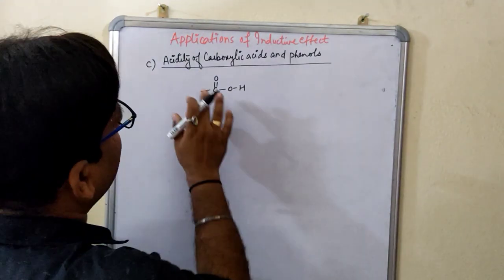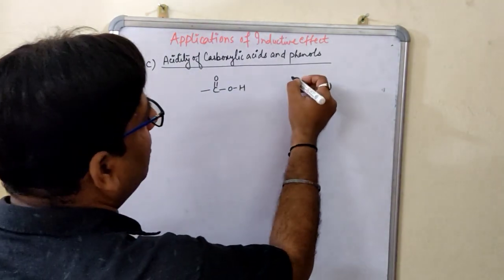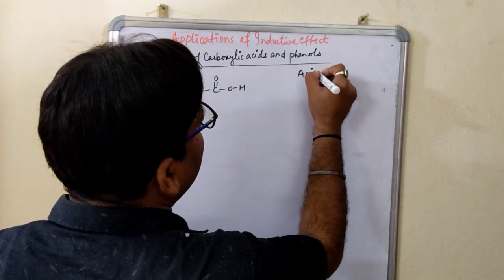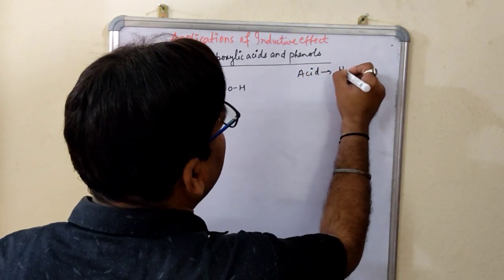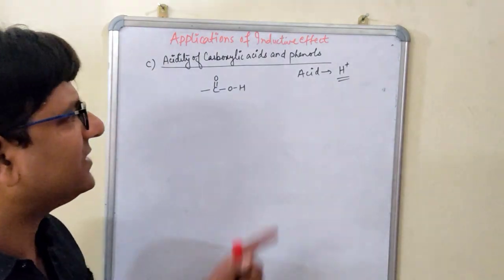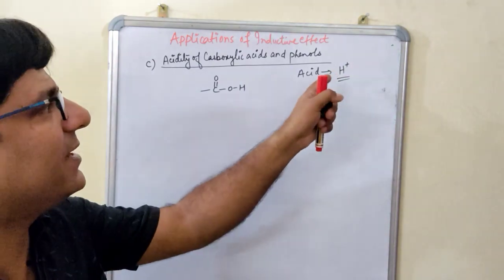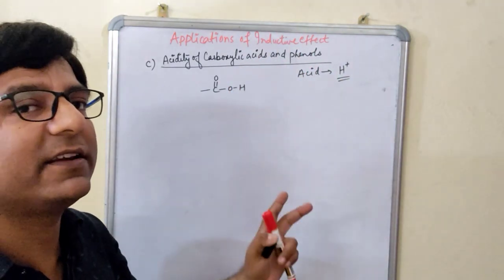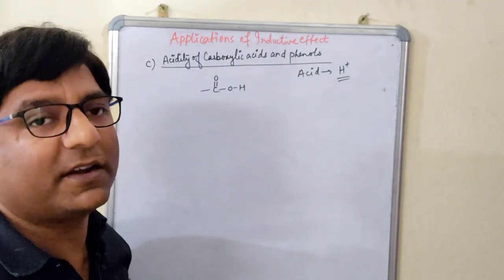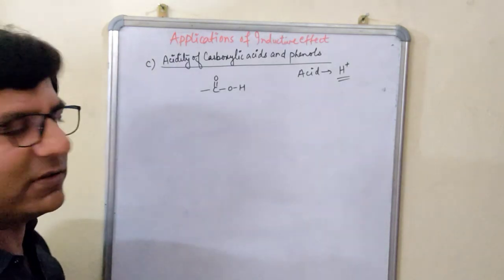Now students, before going to this acidity of this carboxylic acid, you know about the acid, that a good acid is what? That easily releases H plus, okay, which easily releases the H plus in the solution. If it is easily releasing the H plus, means we consider that acid as a good acid or a strong acid, right? Now with the same concept.